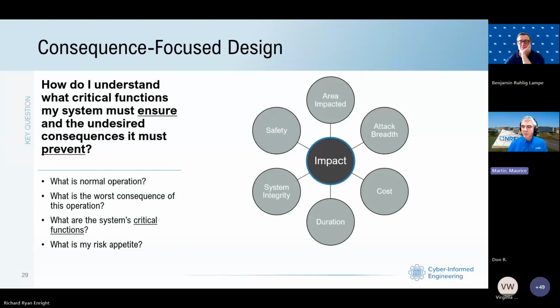And these are foundational ideas and foundational questions to ask during this process. And consequence-focused design actually changes across time and system maturity. So it's worth asking this question again and again as your project or your system evolves and changes over time. Next slide, and Ben.